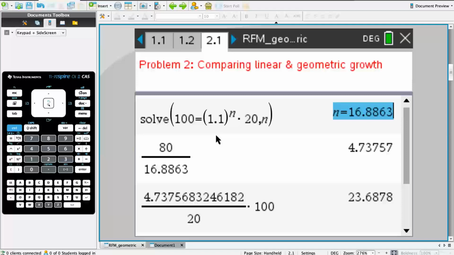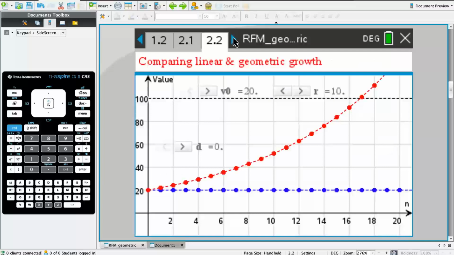Okay, so ignore the next few calculations for a second, and we'll go to the second page. And this is an illustration of the effect and the differences between linear and geometric growth. On screen, the red curve is the geometric growth, and you should always associate geometric growth with some sort of curvature. That is, it's not linear. It's not increasing by the same amount for each change in the horizontal axis variable.